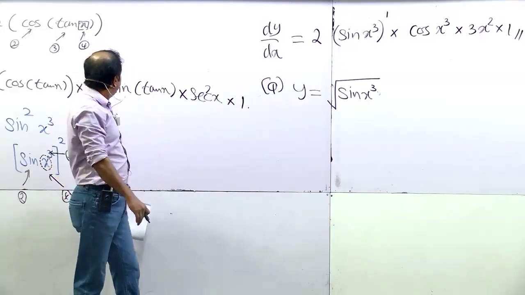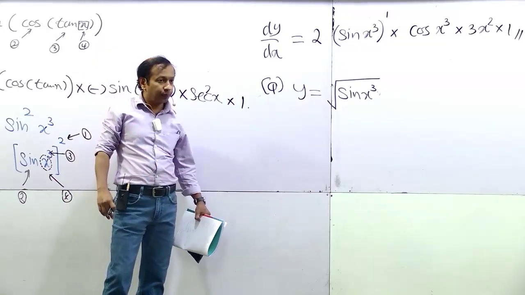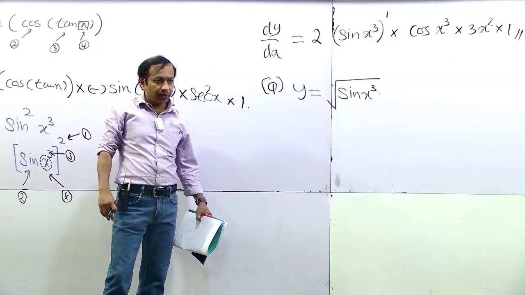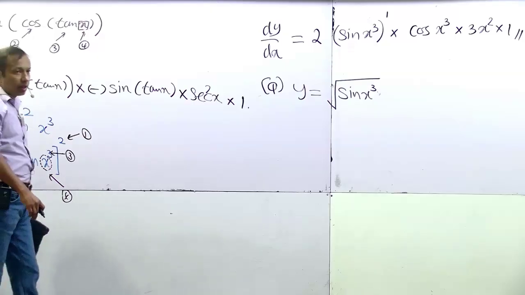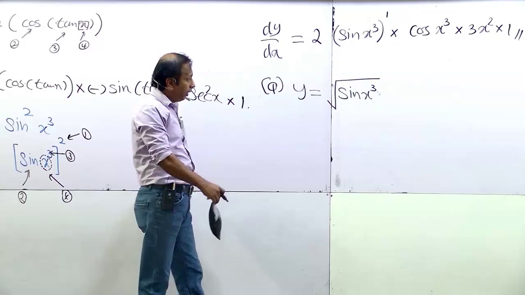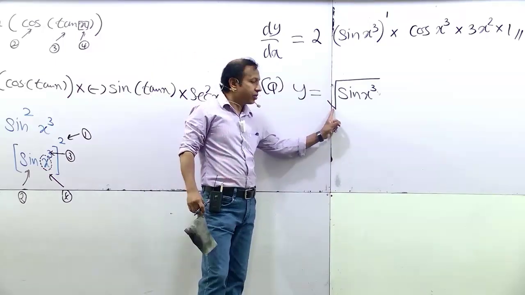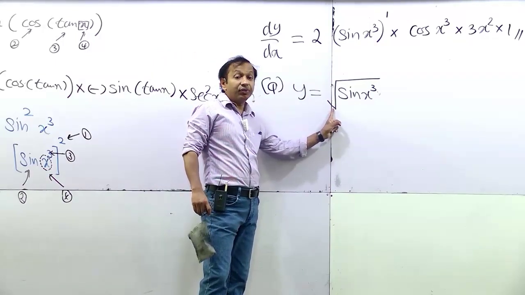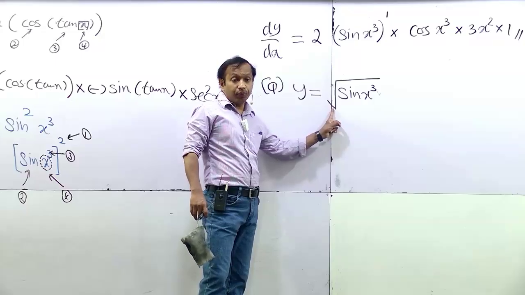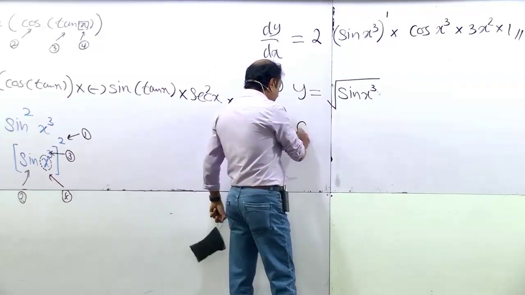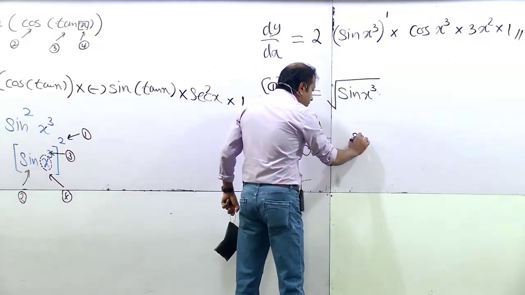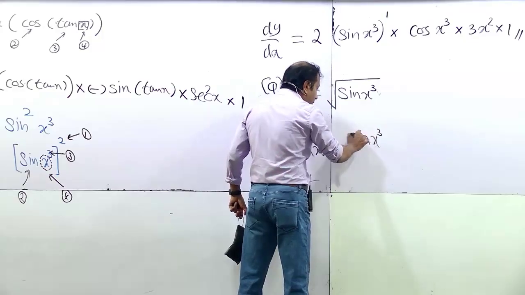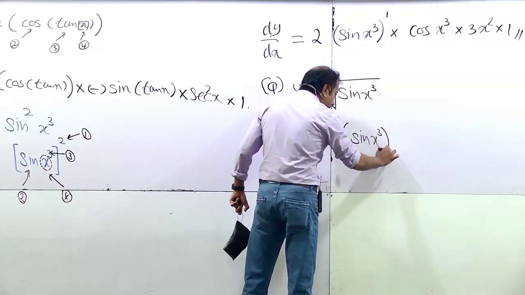What is square root? Square root means power half, no? Power half, yes. dy over dx, sine x cube power half here.